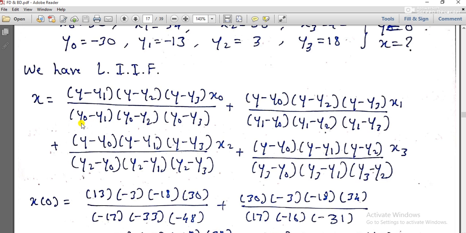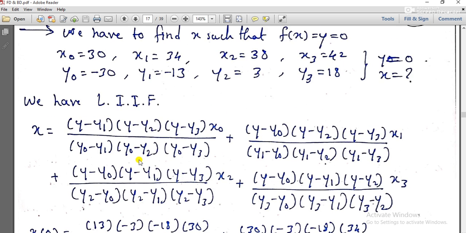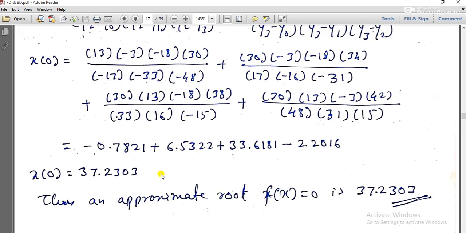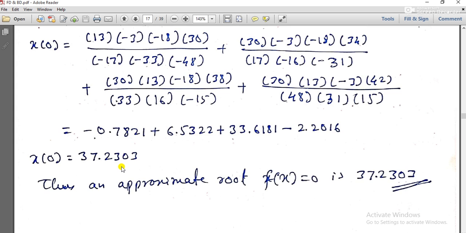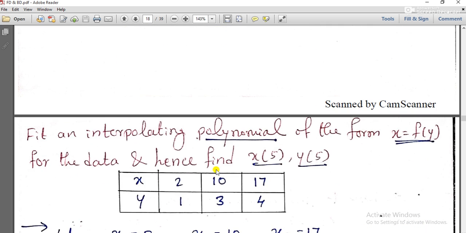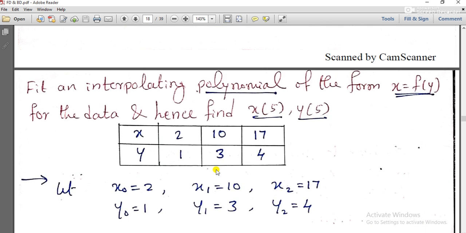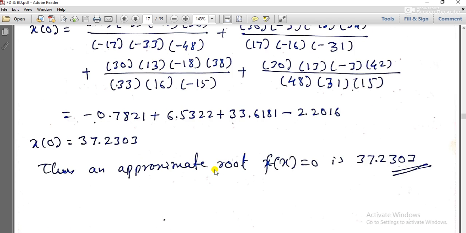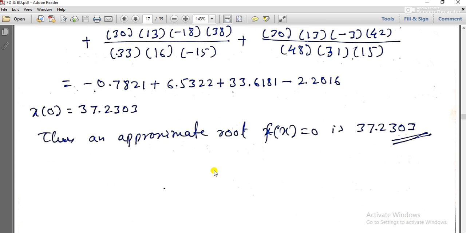Write the whole formula, substitute the values and simplify, and you get x at 0 is equal to 37.2303. So this is the interpolation polynomial value. Okay, thank you.